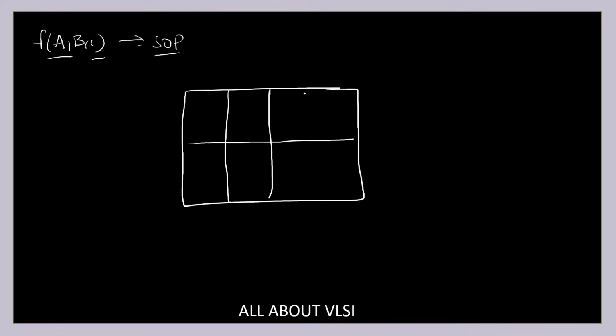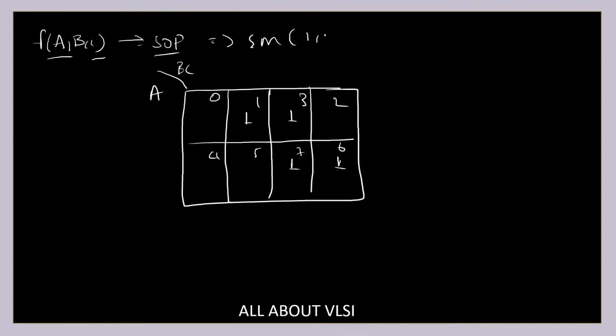So for a three variable function, we are going to have eight cells. And let's say this is A and this is B and this is C. Let's say I have minterms like this, which are present at the positions 4, 5, 7, 6. So I have the minterms at 1, 3, 6, and 7. So these are the minterms which are present.